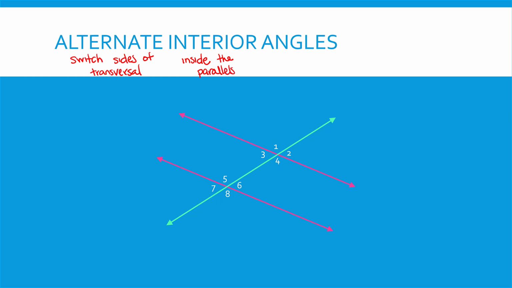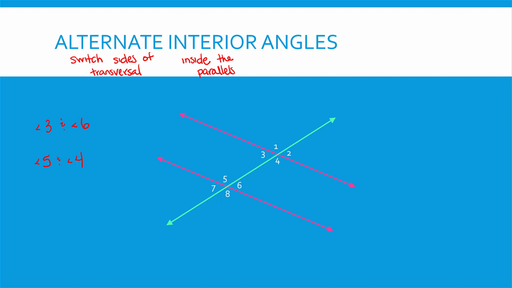In this diagram, we have the angles labeled again, switching sides of that mint green line and staying inside between the pink parallels. Angle 3 and angle 6 would be alternate interior angles. Angle 5 and angle 4 would also be alternate interior angles.